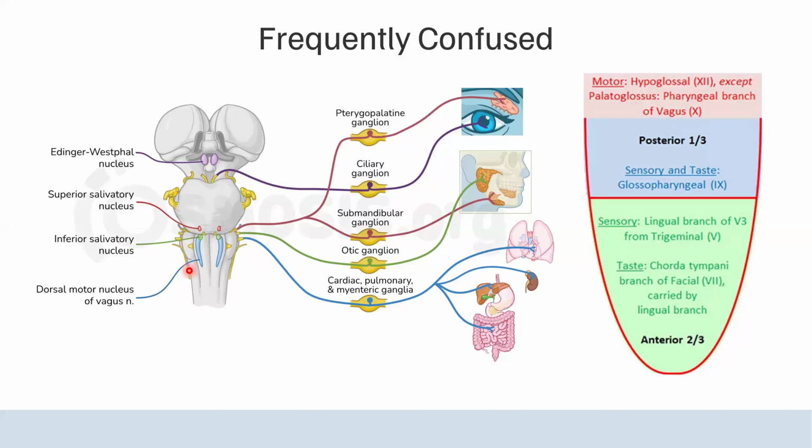Lastly, we're going to have our vagus nerve with its own entire nucleus that is then going to go to the viscera, and it will communicate with various different ganglia depending on which organ it is actually going to. Is that clear? Does that make sense now?